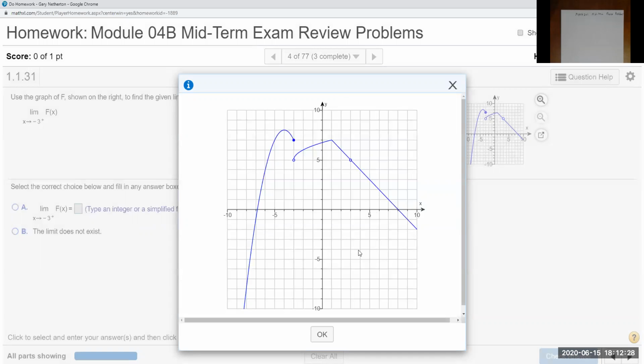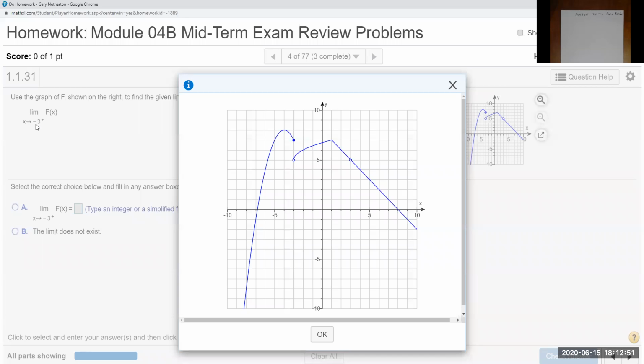So when they ask for a limit, and they talk about x approaching -3 with the positive sign, that means the only thing they're looking at is what does the function approach when you come from the right side. Sometimes it's called the high side or the positive side.